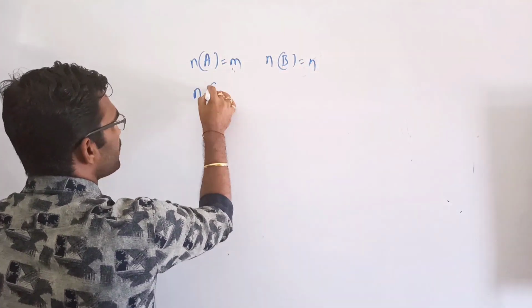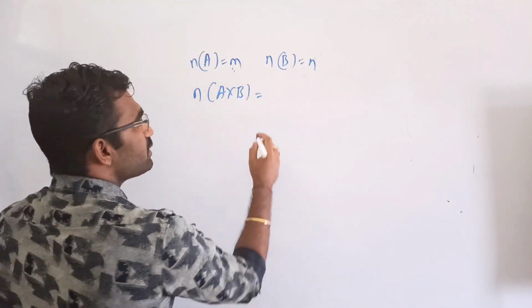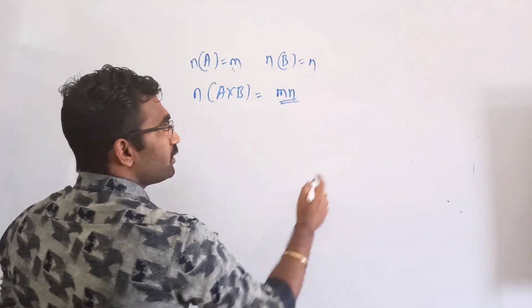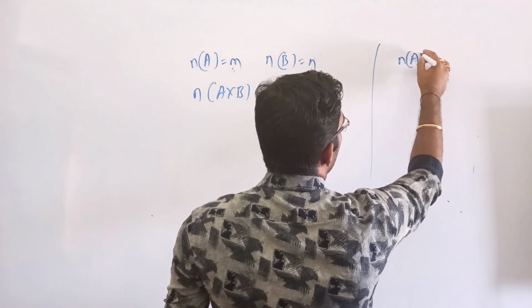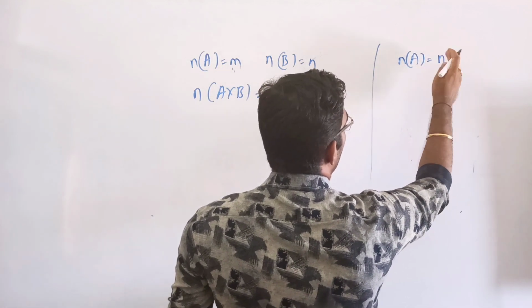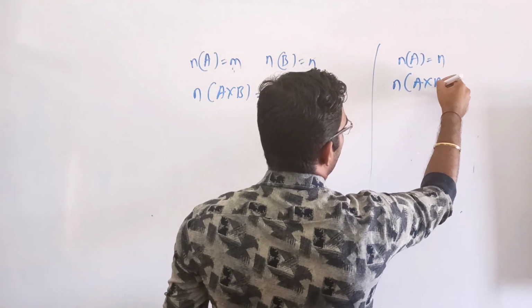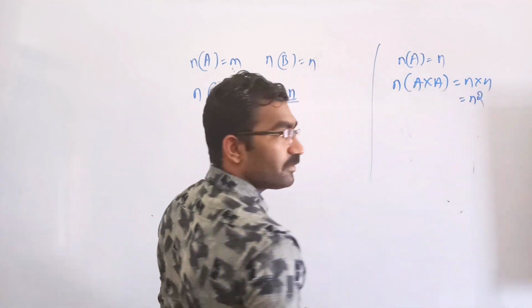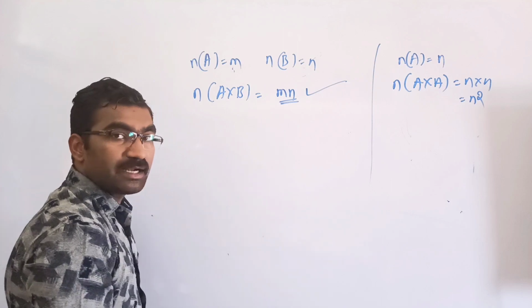The number of elements present in A cross B, the Cartesian product of the two sets, is m into n. For example, if both sets have the same n elements, then n of A cross A is n into n, that is n square. These are the number of elements present in the Cartesian product.